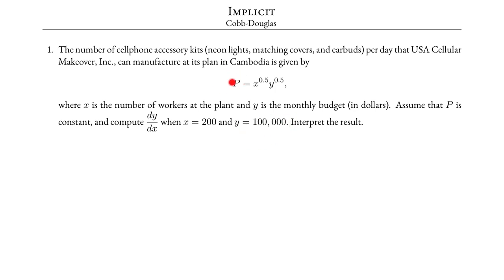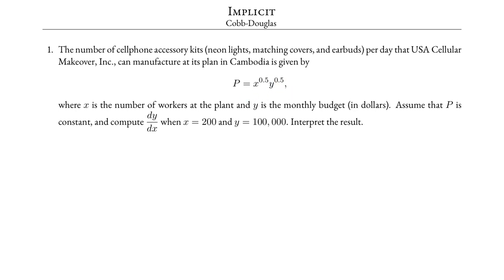This equation represents the production P, where we will assume that P is a fixed constant. X represents the number of workers, and Y represents the dollar amount. We were told that P is constant, but we cannot assume that X and Y are constant, so we have to assume that X and Y are both variables.